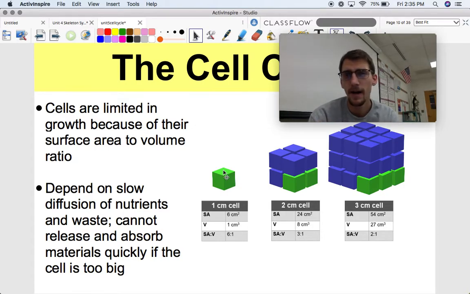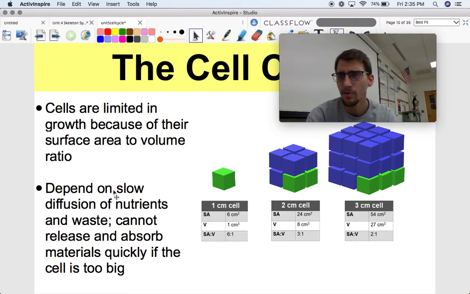You divide that by the volume of the cube, which would be 1 times 1 times 1 if it were 1 centimeter, and then you get a ratio. The lower the surface area to volume ratio, the worse it is for a cell. As you can see, as this cell gets bigger and bigger, that becomes more of a problem. The surface area to volume ratio is getting smaller and smaller.